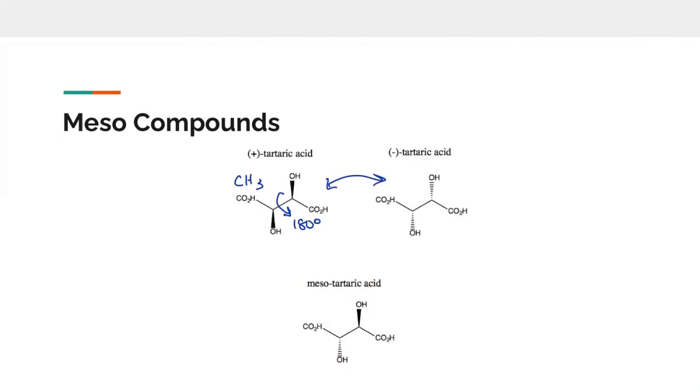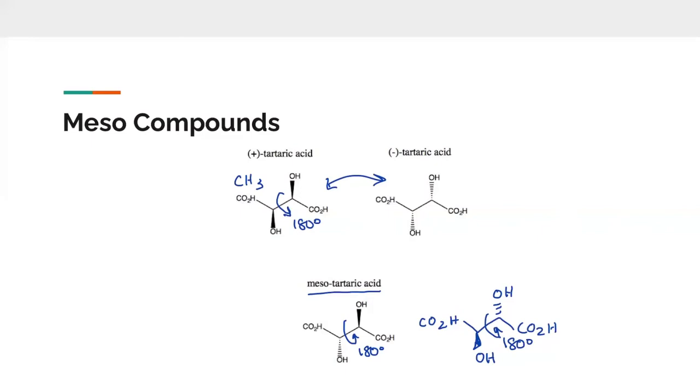Whereas if you rotate this meso compound, even if you draw what seems to be the enantiomer, you might think that this molecule is the enantiomer, but if you rotate both of these 180 degrees, again rotating the bond 180 degrees, you'll see that they become the same molecule because they have a plane of symmetry.